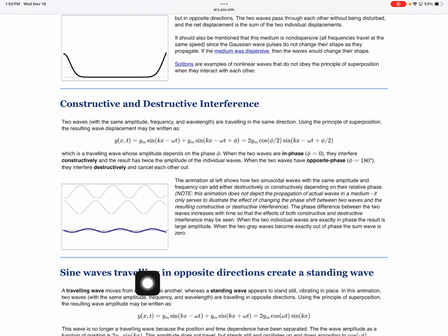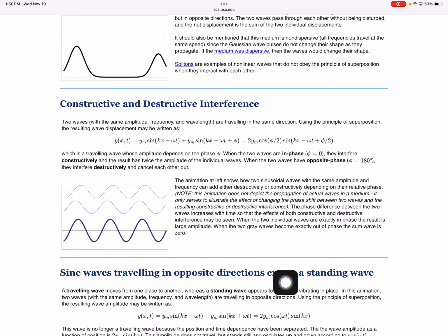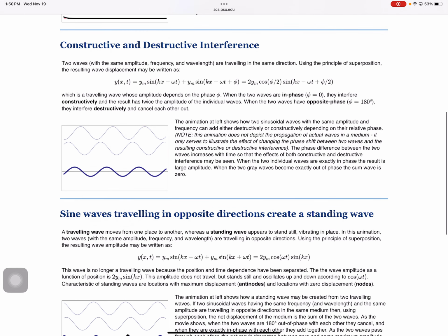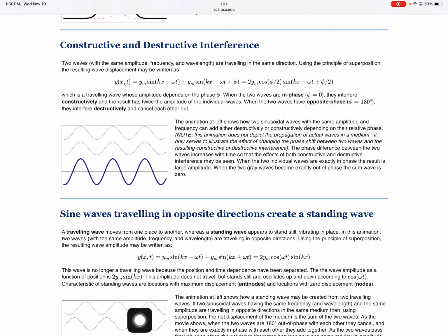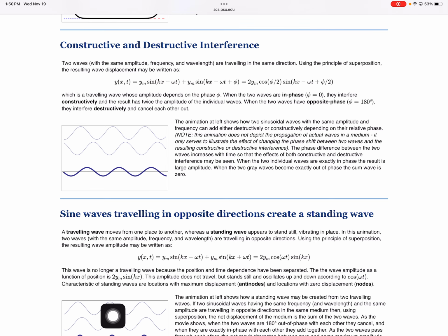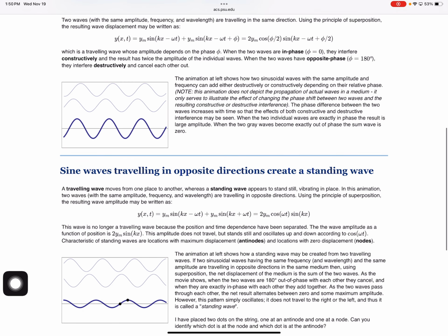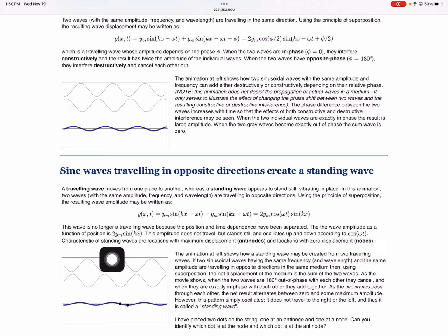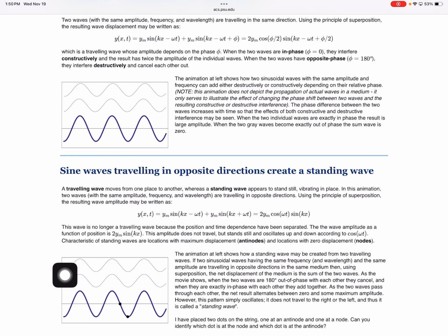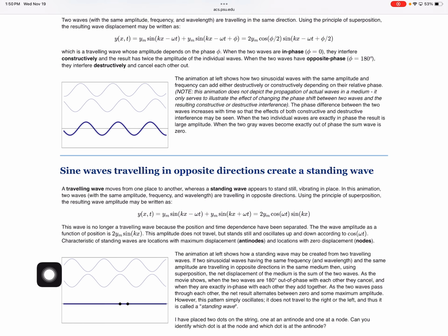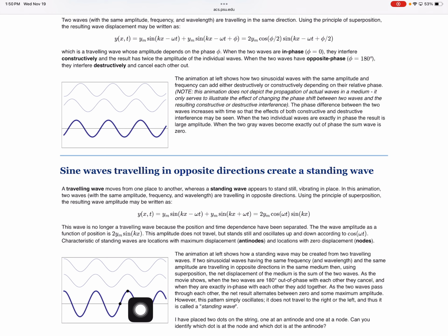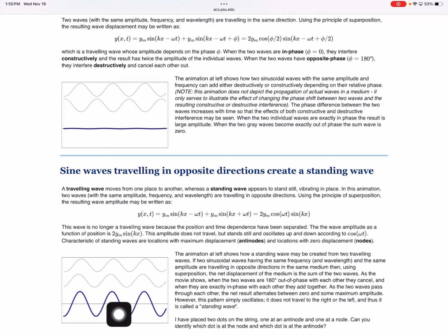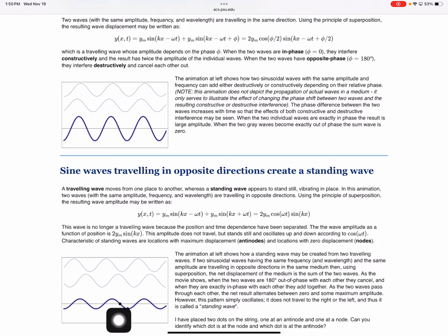So sine waves traveling in opposite directions create a standing wave. Here's a wave traveling to the right, and here's a wave traveling to the left. And let's see, when you combine the two, what happens. There's that resultant wave. So on a guitar string, you set up one wave traveling to the right, it reflects off the fret. Here's a reflected wave, and they combine, and you see this is the standing wave. This wave is not traveling, so the string is oscillating like that.